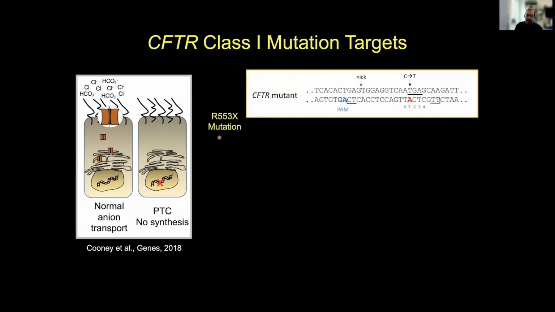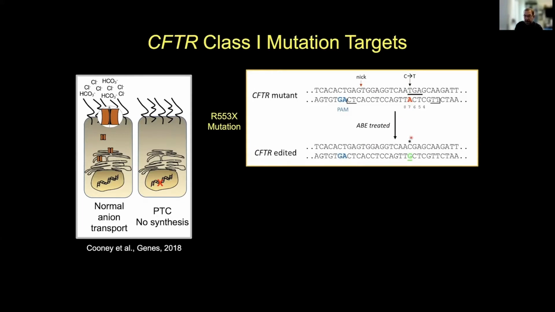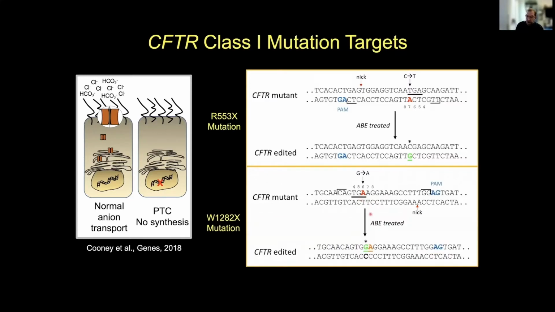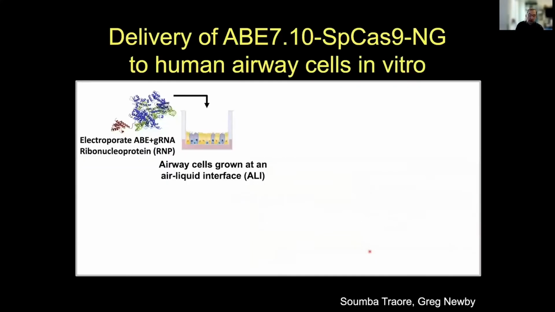The first is 553X, where the mutation introducing this A results in a stop codon. If this could be edited by the base editor and converted back to a C, it would restore the arginine codon. In the case of W1282X, the mutant A introduces a stop codon, and appropriate repair of this would convert this back to the tryptophan codon.